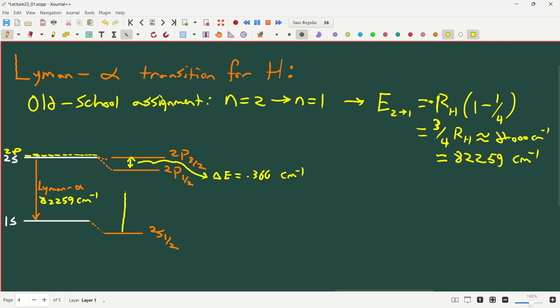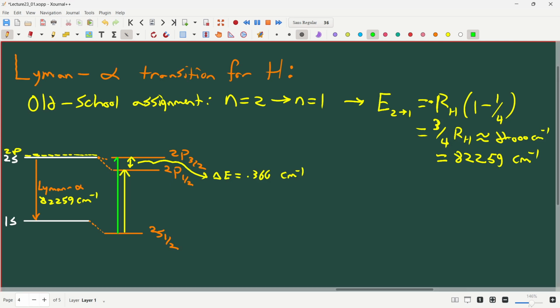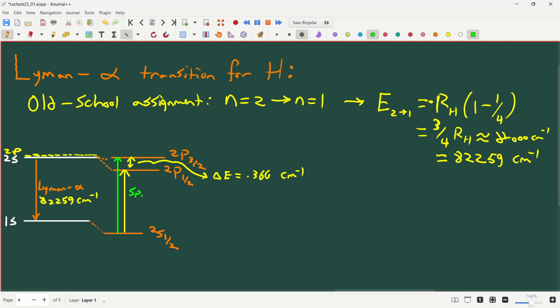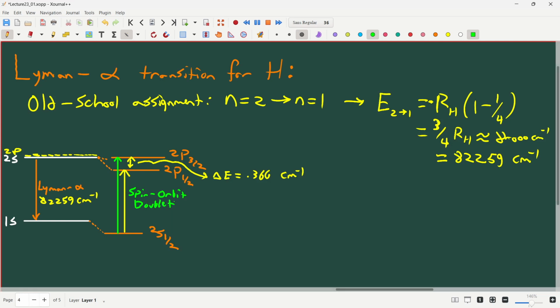So what we actually observe are two transitions. We observe this one, and we observe this one. This is our Lyman alpha doublet, our spin-orbit doublet. So the Lyman alpha line, the fundamental transition of the hydrogen atom, as I like to call it, is actually a doublet, and it involves three different levels.